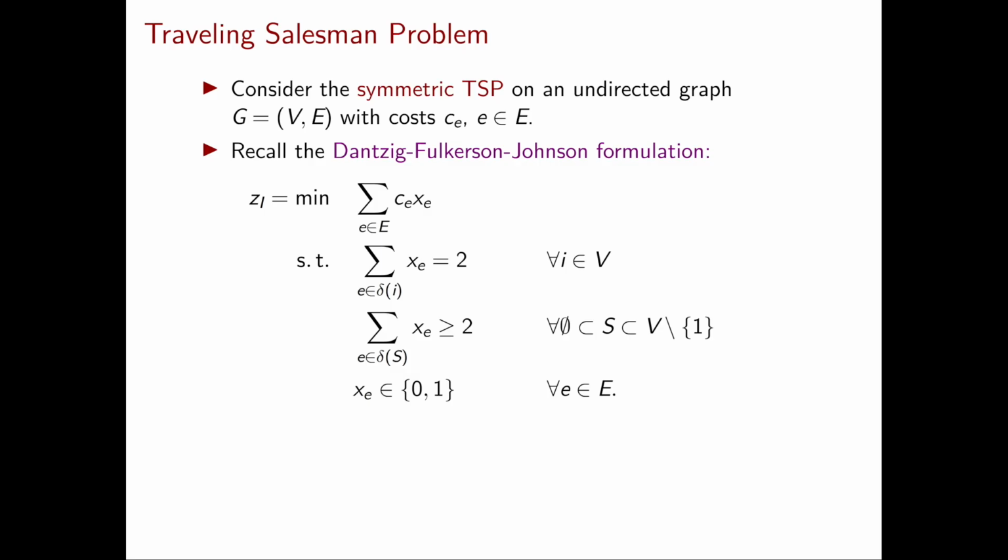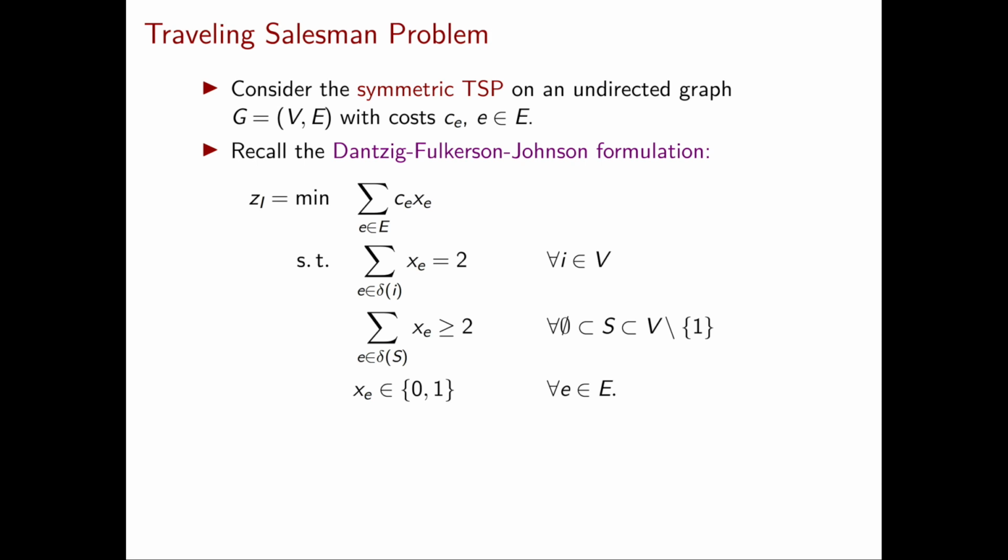So this formulation is obtained from the original Dantzig-Fulkerson-Johnson formulation by just throwing away, for each pair of identical inequalities, the one containing node 1. We're going to denote the optimal value of this problem by Z_I, as we're doing in this chapter.